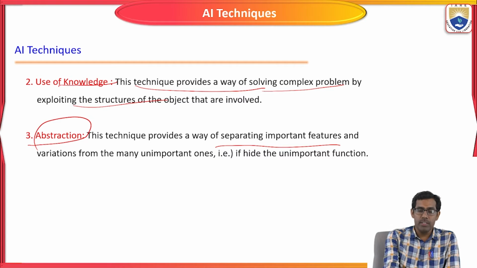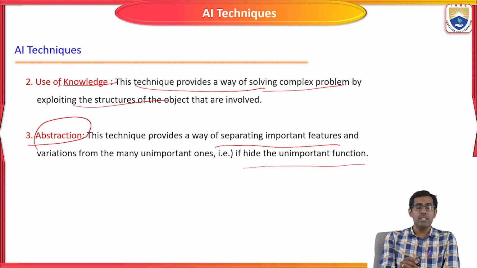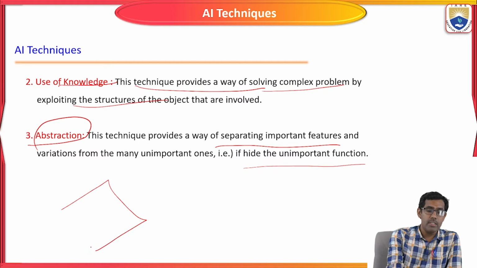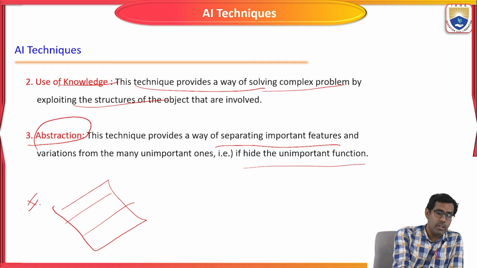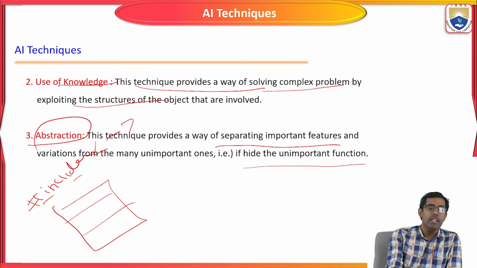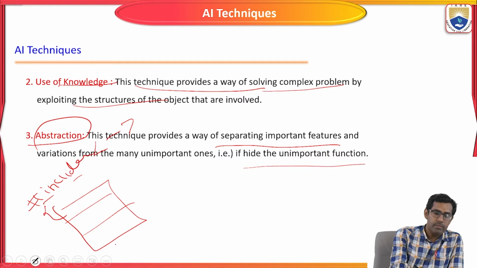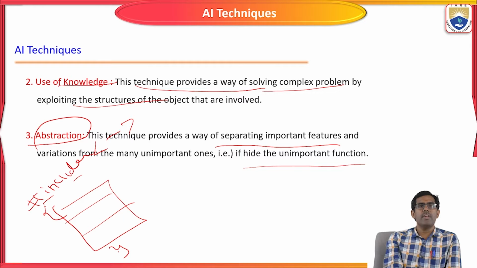For example, let's hide the unimportant function. Consider this one. This is the main block of our program. We include stdio.h, something like that, and here is the main block.